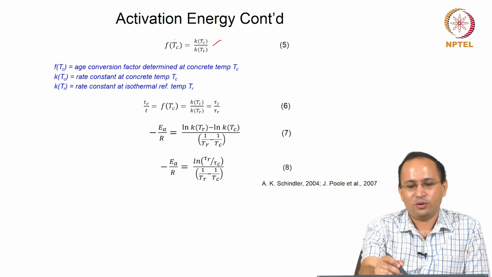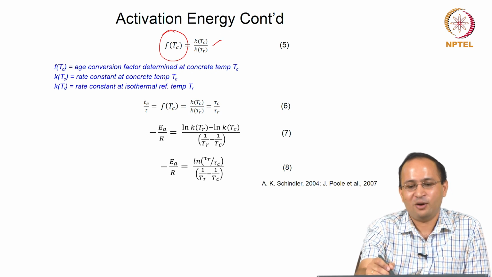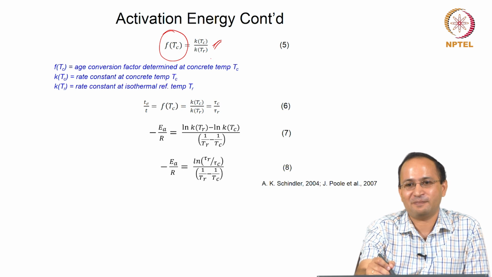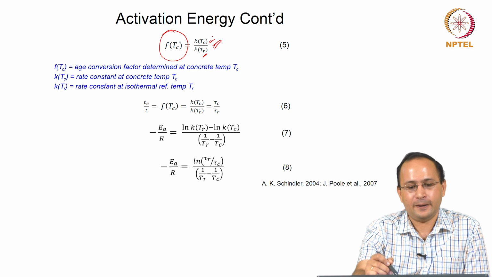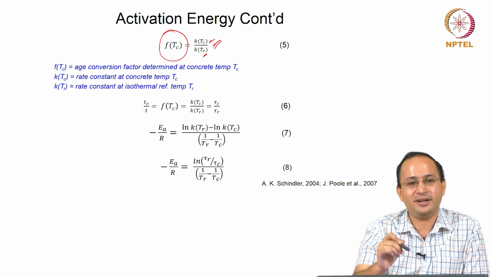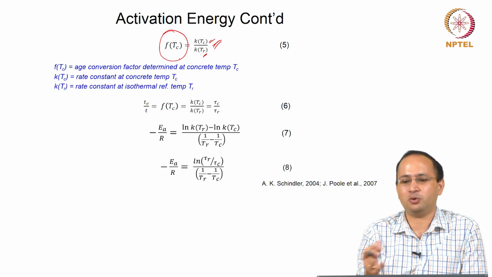right. So, we are interested in this factor FTC, the age conversion factor, which is nothing but the ratio of these rate constants at different temperatures, right. R is reference, C is the current temperature or concrete temperature, reference is usually 20 degrees Celsius, or 22 degrees Celsius.